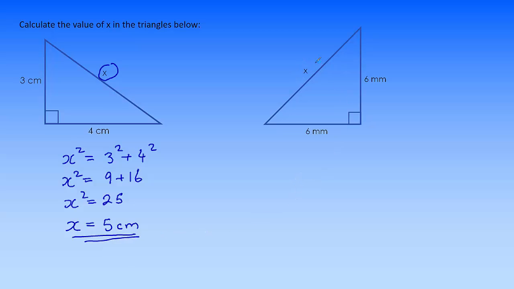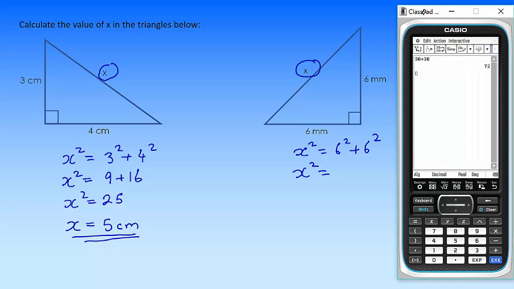Once again here we're finding the hypotenuse. So x squared is equal to 6 squared plus 6 squared. Now I'm just going to calculate that. So I've got 6 squared plus 6 squared, and I'll just bring the calculator into view here.